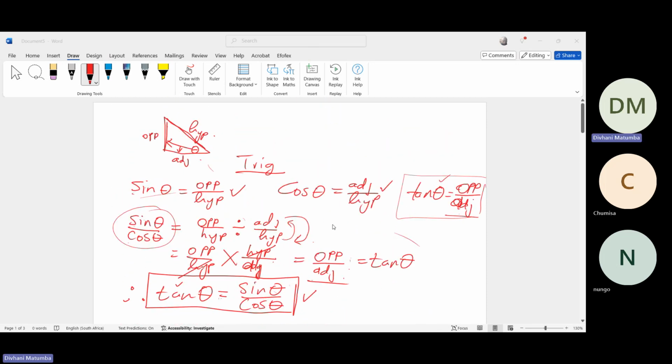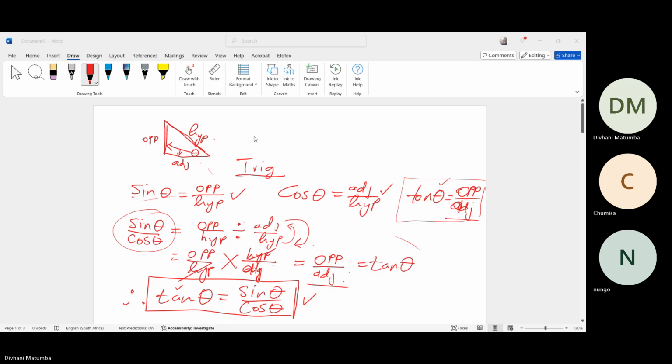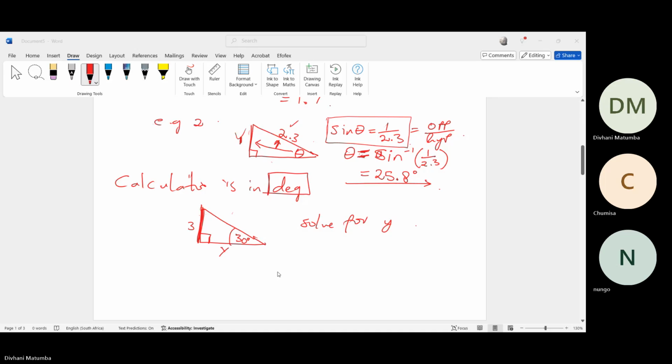Sine, cos, or tan? Which one can we use?